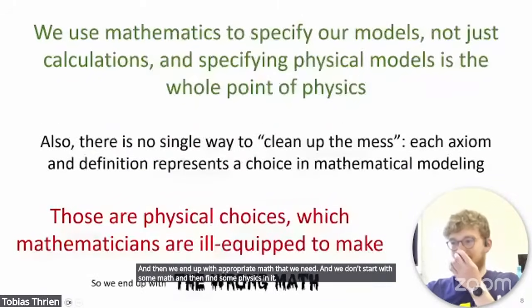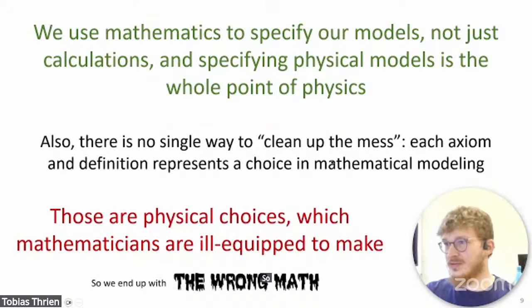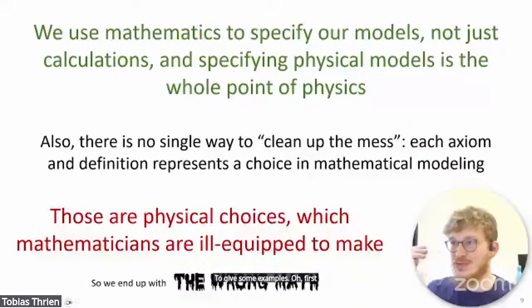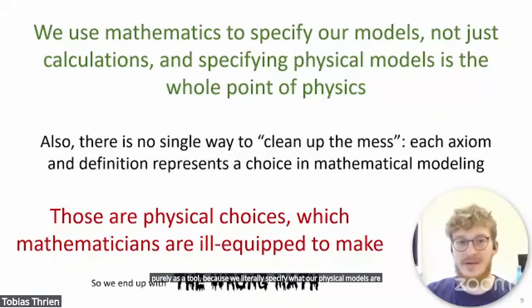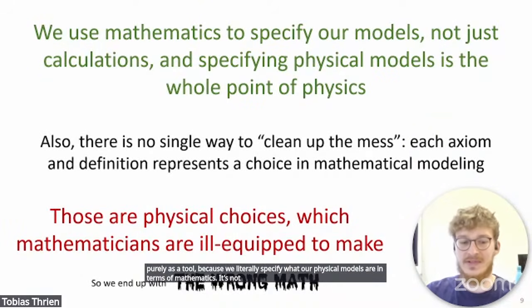To give some examples, first, we can't just use mathematics purely as a tool, because we literally specify what our physical models are in terms of mathematics. It's not just a tool after you specify what you're talking about, to get the result you want.